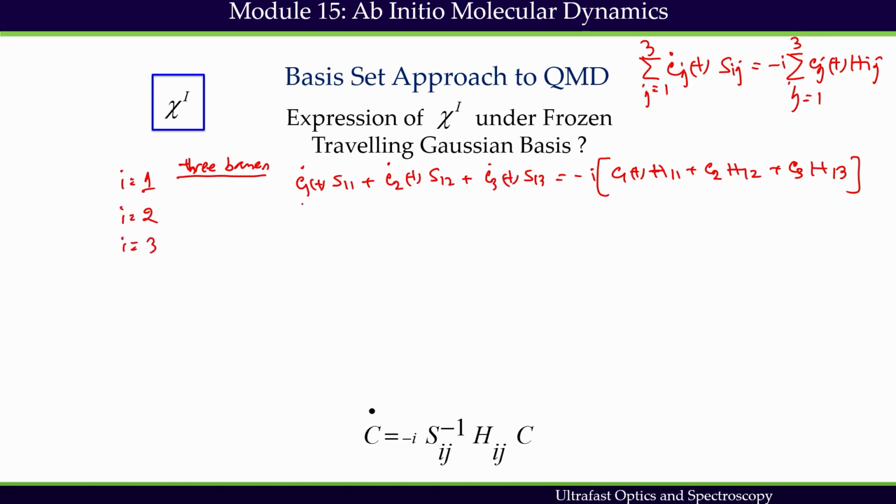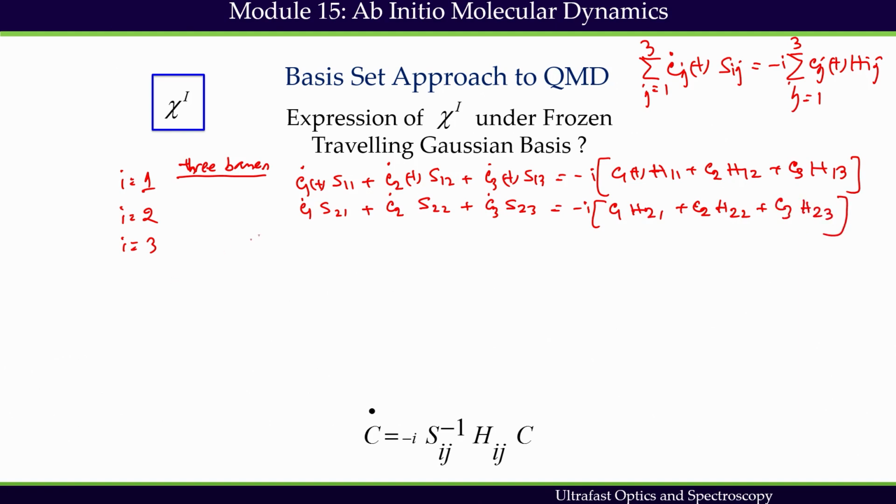For i equals 2 I can write down c1 dot S21 plus c2 dot S22 plus c3 dot S23 equals minus i times c1 H21 plus c2 H22 plus c3 H23.